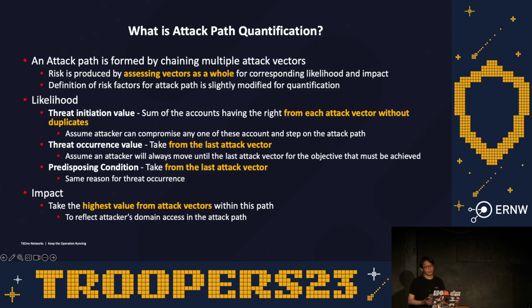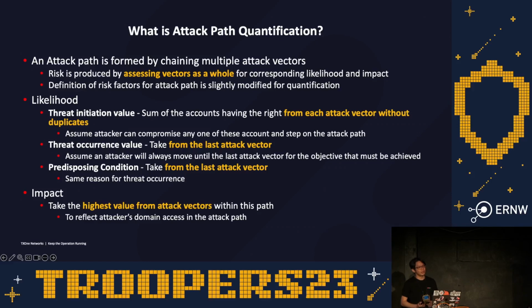Finally, the last risk factor, we have the impact value. Based on what we previously explained for the attack vectors, it's used as a factor to replace the attacker's domain privilege, or domain access. For the attack path, it takes the highest value from the vectors inside its path.